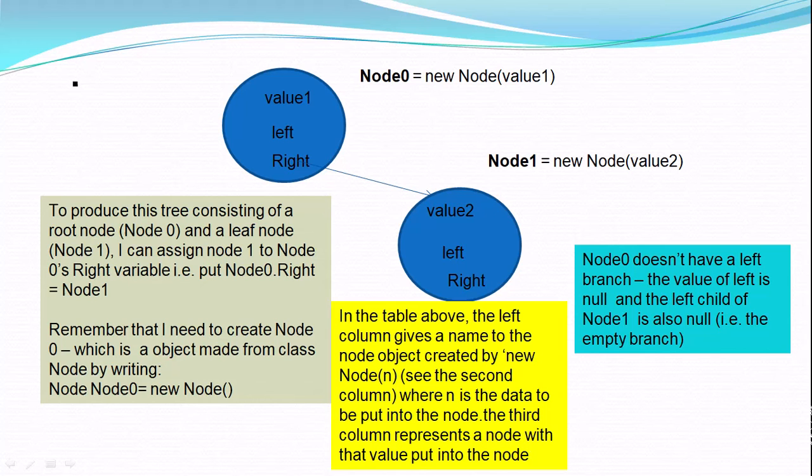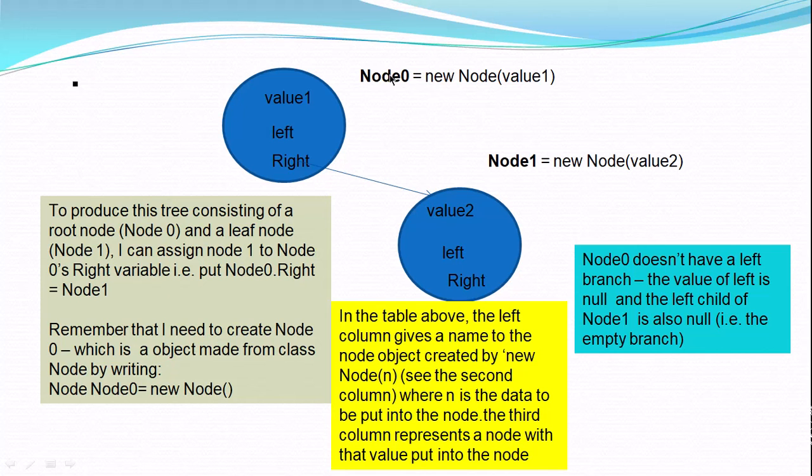The idea is, what I can do is to give a name to the node object I'm creating in Java by writing this expression. And I'm going to supply a value. Like this value could be the number 25, the integer 25.